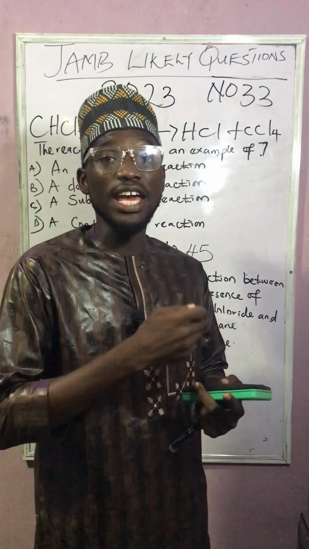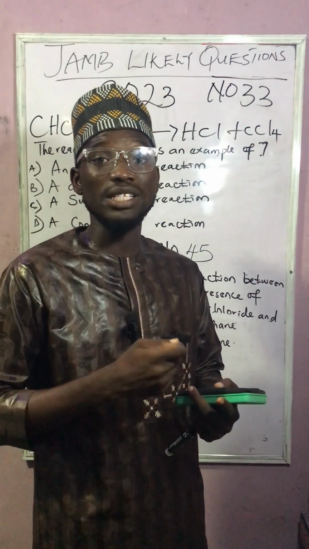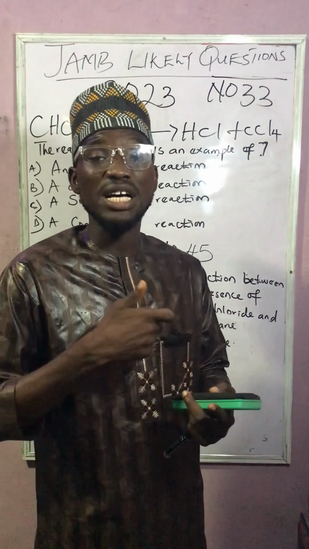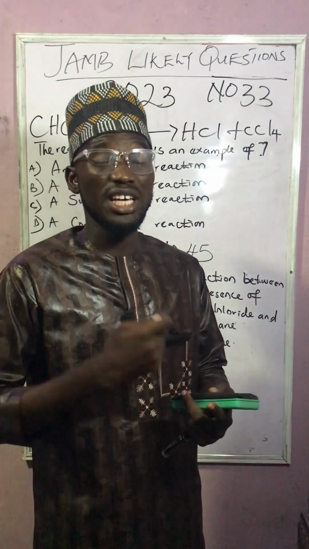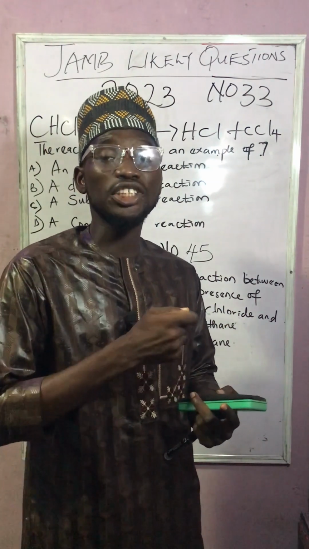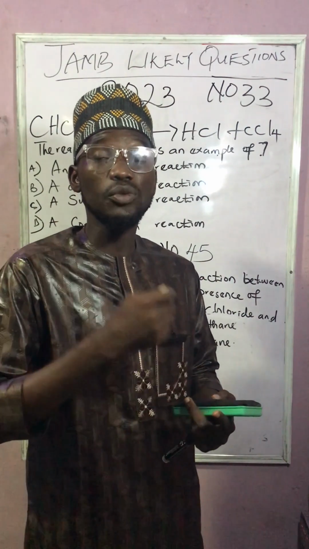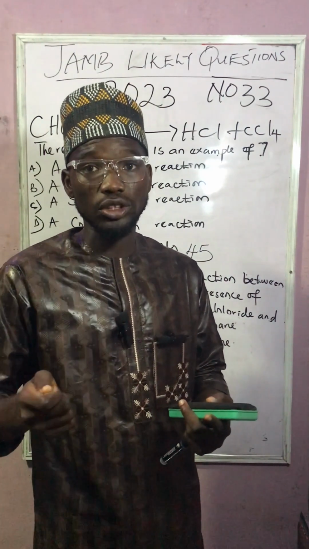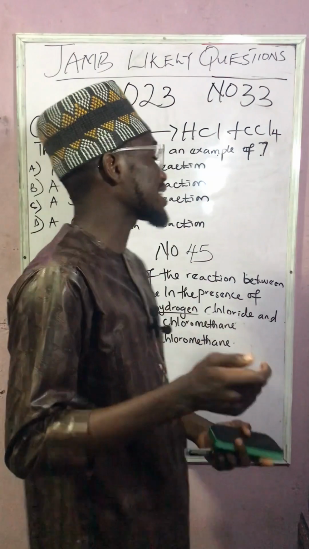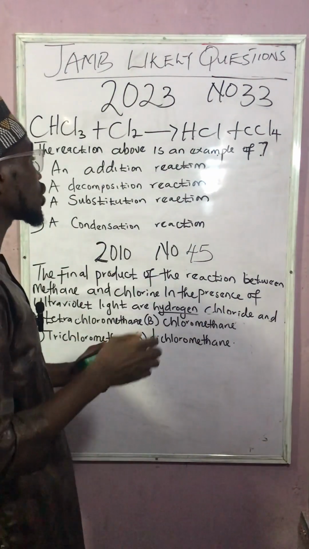That is, if a double bond reacts with any molecule like hydrogen molecule or hydrogen chloride, they will yield a single bond. But if a triple bond reacts with any molecule, for example a hydrogen molecule, it will yield a double bond. Is that clear now? So that is that for an addition reaction.